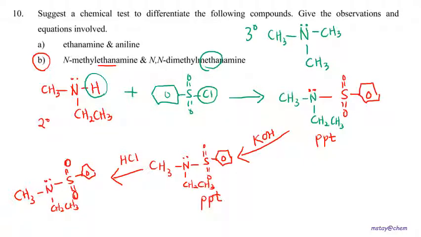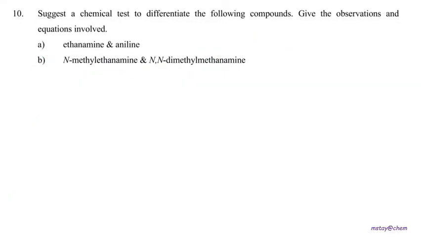So this one is still a precipitate. Generally we can see that the observation all over the 3 steps is precipitate: precipitate, precipitate, and precipitate remains. Then now we continue with the N,N-dimethylmethanamine that we mentioned just now.